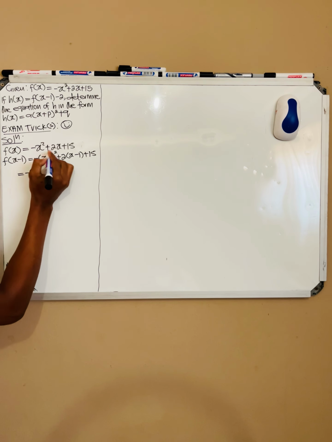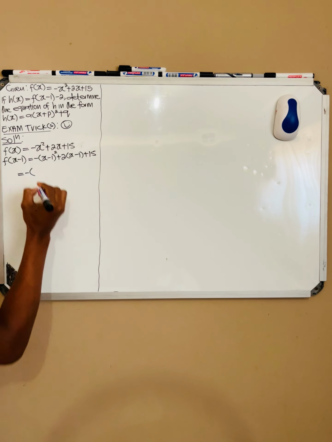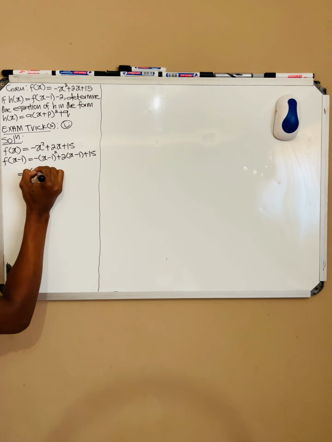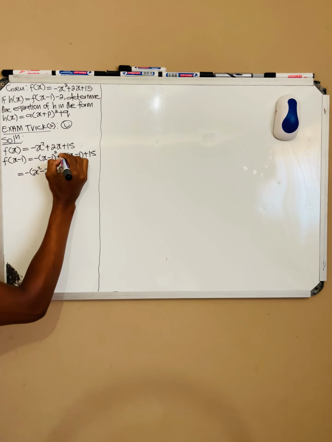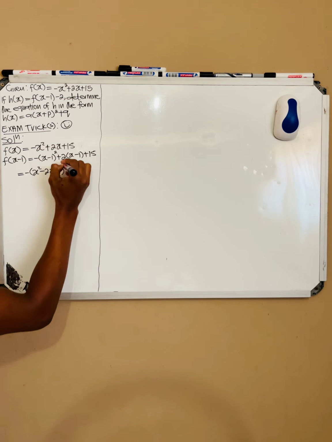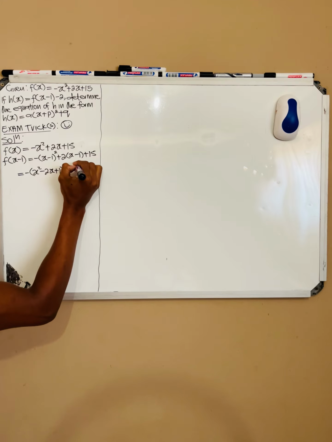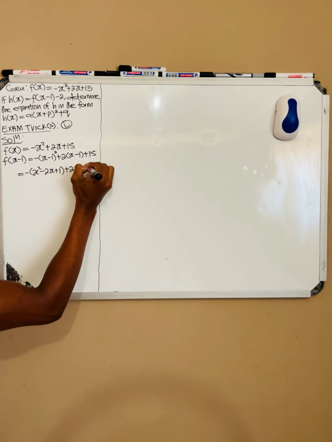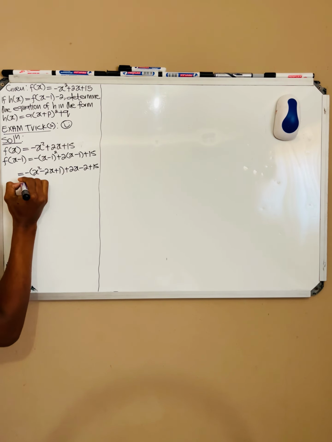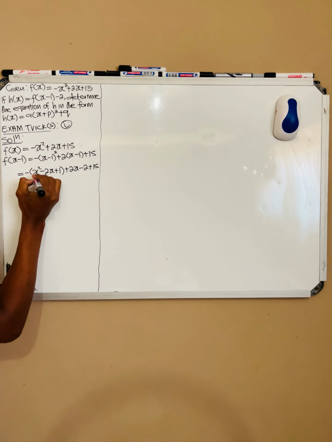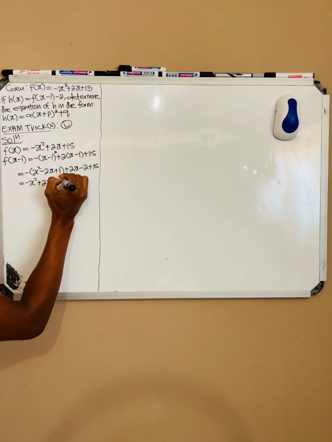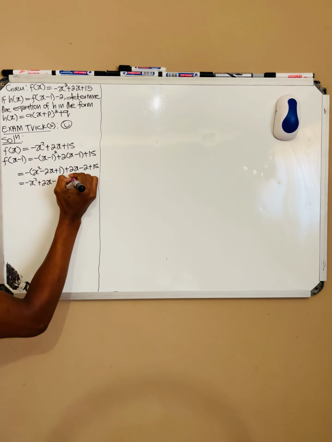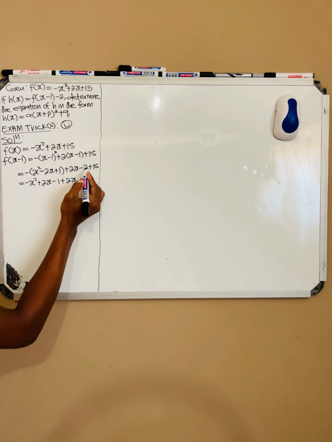Now let's expand and simplify. You're going to have x² - 2x + 1, using the distributive property, plus 2x, then 2 multiplied by this, minus 2, plus 15. Then what are we going to get? You multiply by the negative, we'll have -x² + 2x - 1, and then plus 2x, minus 2, plus 15.